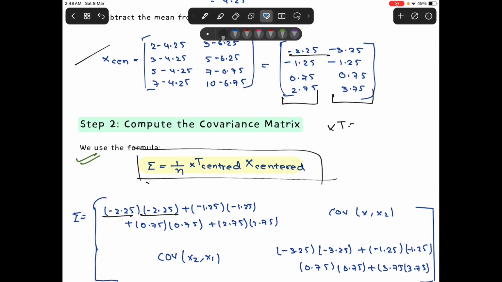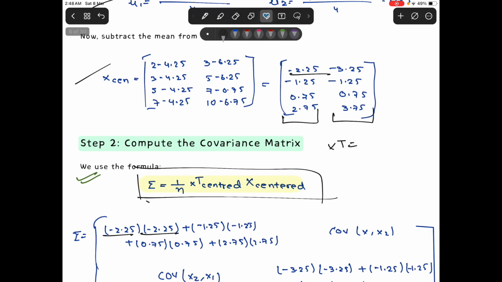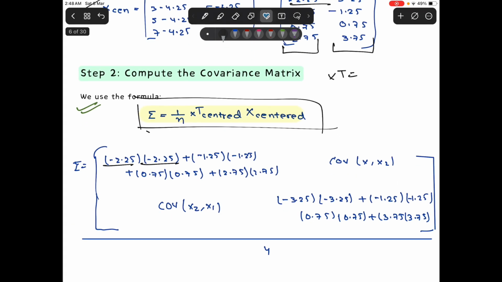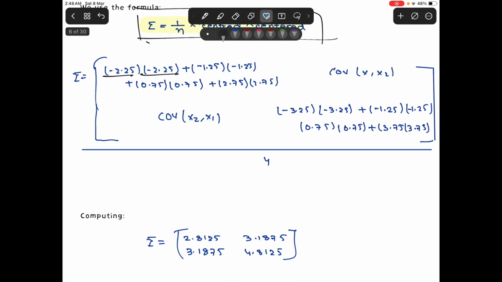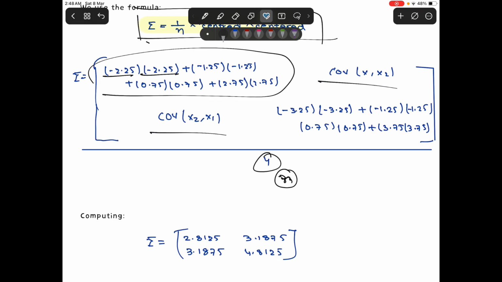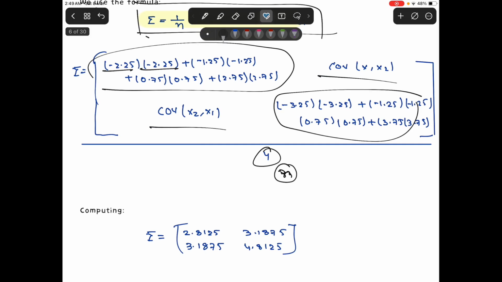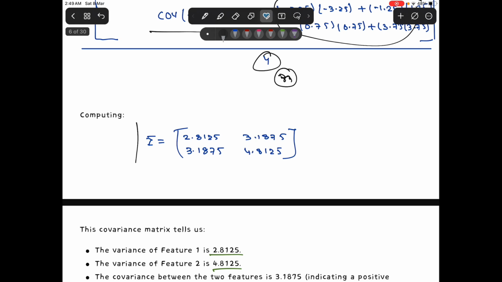Its X^T will be the same as this one, that's why we are getting it like this. You guys can compute by yourself and the answer will be the same. So this is divided by 4, that is the total number of samples that we have. This is a covariance part, this is a variance, and overall we get the covariance matrix like this.